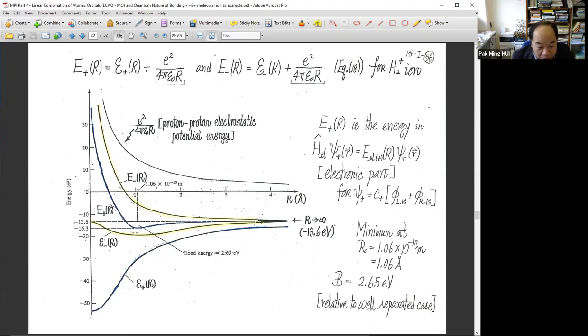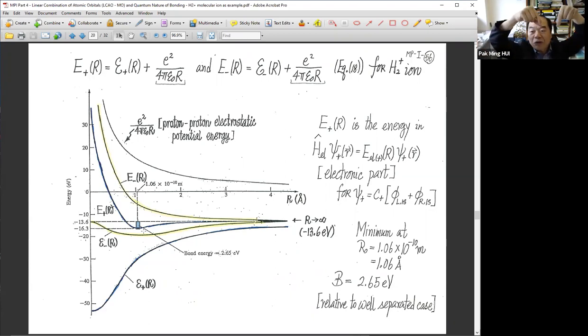By that, I mean you see a well around here, and there is a preferred separation. So this distance is the preferred separation. That will be the lowest potential energy, and then there is a certain energy gained, the depth here.